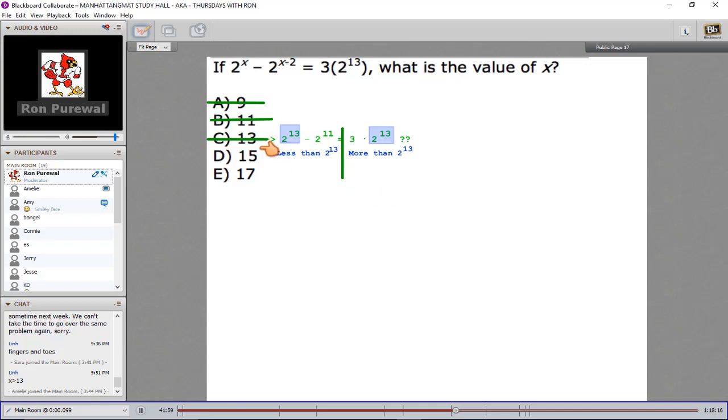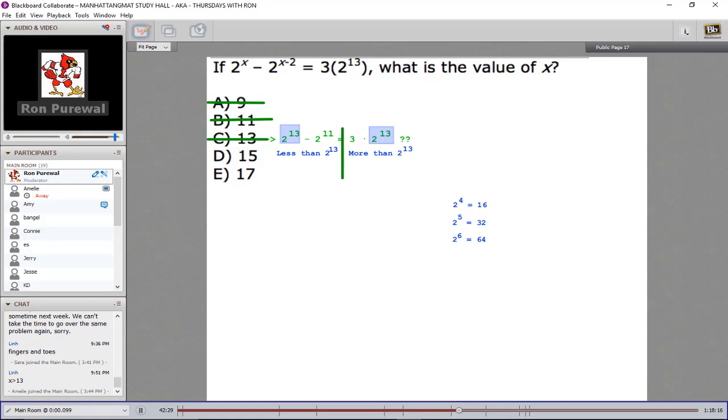Okay, for sure, right? Now, between these two, you can just do arithmetic, because these numbers are not going to be that close to each other. So 2 to the 4th is 16. 2 to the 5th is 32. 2 to the 6th is 64.